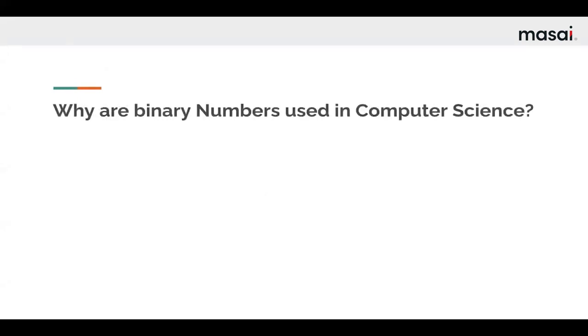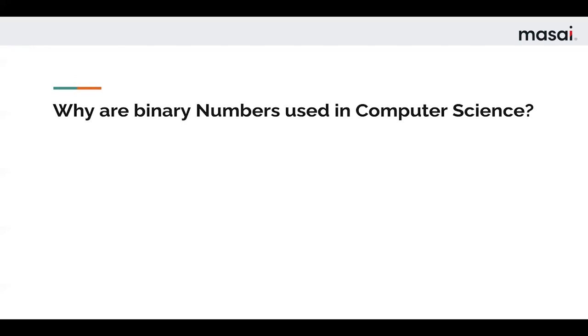Now, for this, we have to understand how a computer works. A computer is made up of millions of tiny switches known as transistors, right? Now, transistors basically have two states. They can be either on or off. Because the computer is made up of millions of transistors, everything revolves around switching these transistors on or off based on our use case.